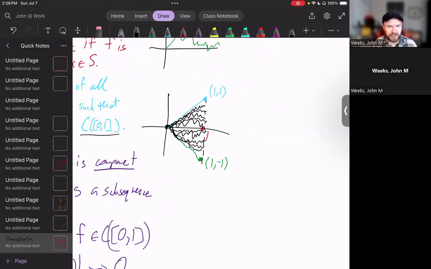These are all functions that are contractions, meaning their growth is going to be limited going from one place to another. But I know nothing about the sequence of functions other than it's just a sequence of contractions. But I do know something else, and you can see it here because I've already drawn it in the picture where we marked on this first.